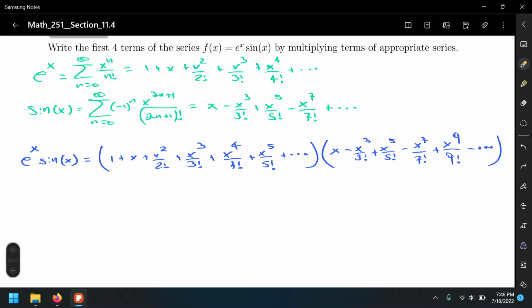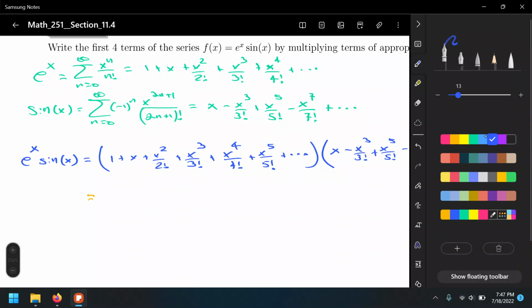We're going to take a different approach, and instead look for the possible products that give us the desired power. In this case, what's the lowest power possible when we multiply the polynomial expansion for e to the x times the polynomial expansion for sine x? Here the lowest degree is 0, and here the lowest degree is 1. When we multiply these two together, the lowest degree possible will be x.